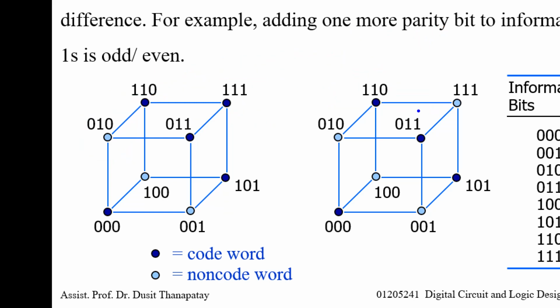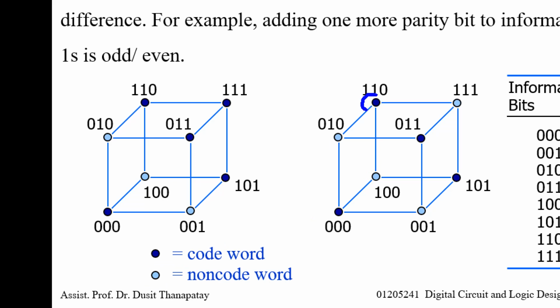For example, this dark dot has a meaning, this dark dot has a meaning, this one has a meaning, but the light blue ones have no meaning. They are non-code words.